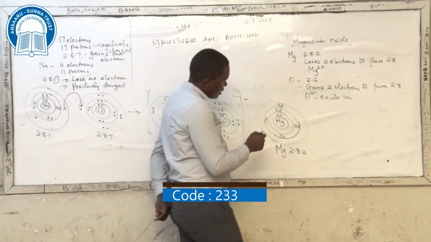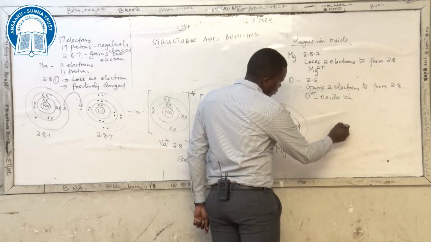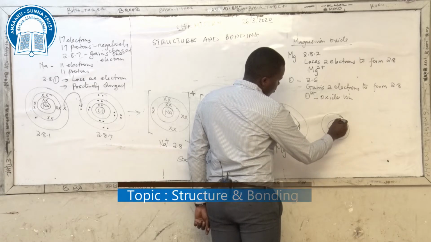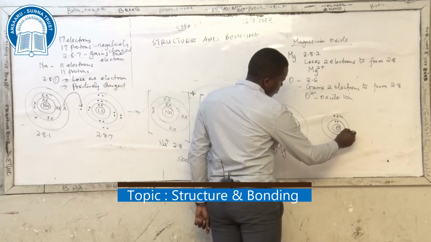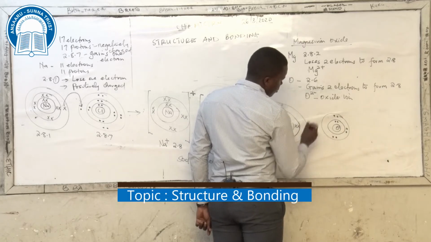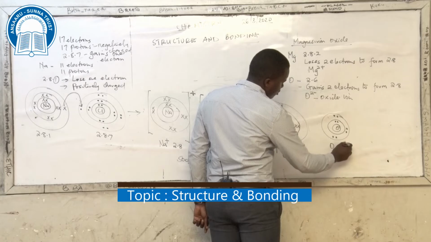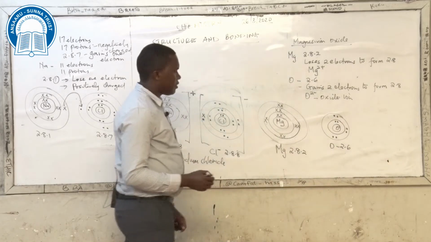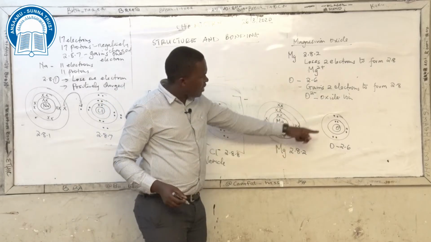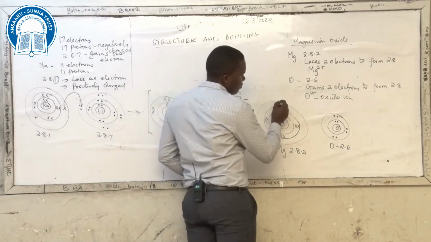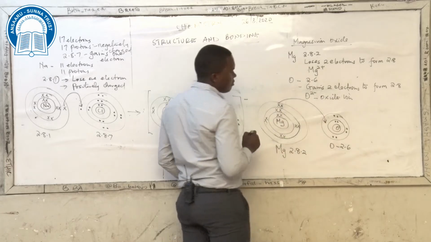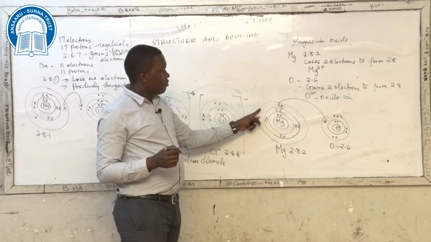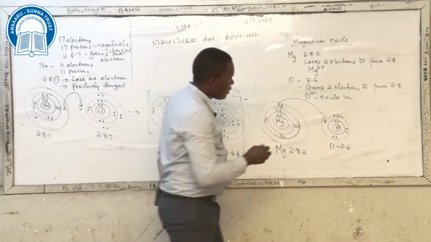Then you have the oxygen. So this is the oxygen, 2,6. That's the oxygen atom. So these 2 electrons will be transferred to the oxygen atom. And therefore, the magnesium atom will become a magnesium ion.